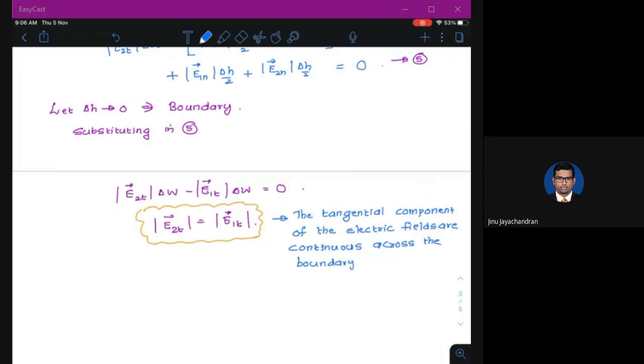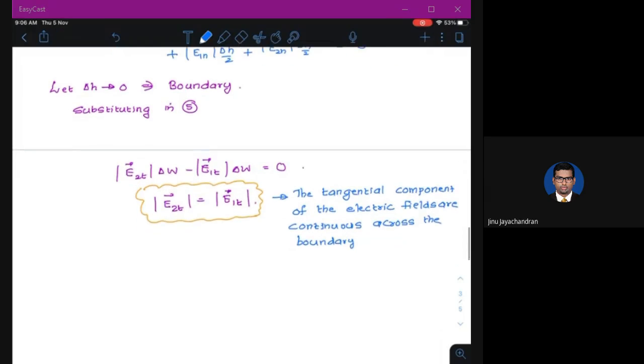So if the tangential component of the electric field in the first medium is, let's say, 5 volt per meter, then the tangential component of the electric field in the second medium will also be 5 volt per meter. Okay, so this is the first boundary condition.